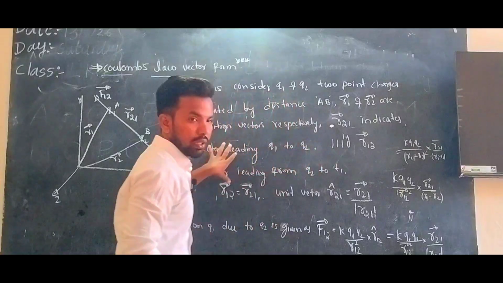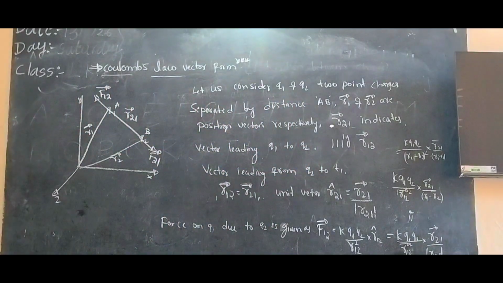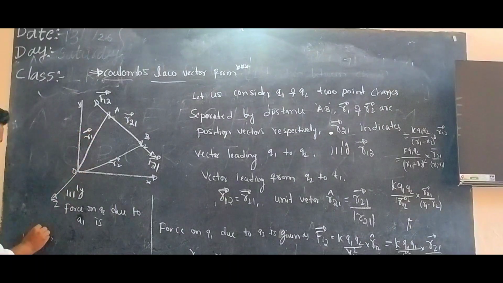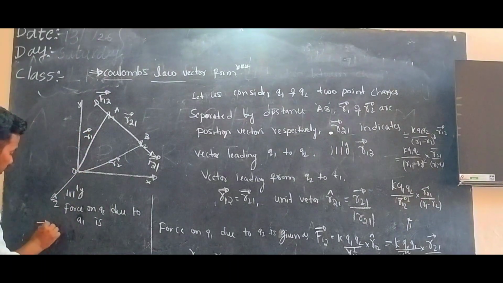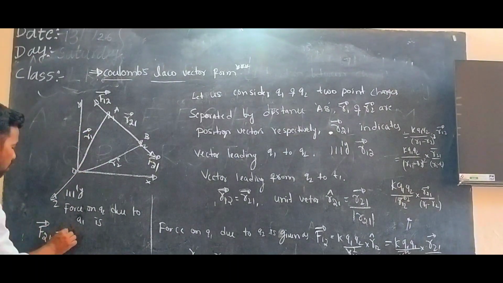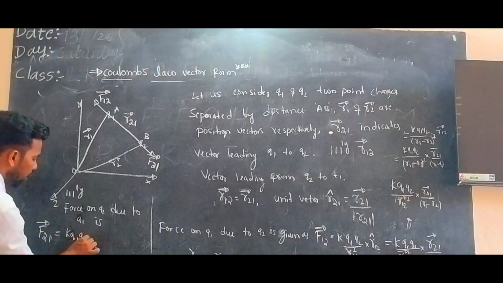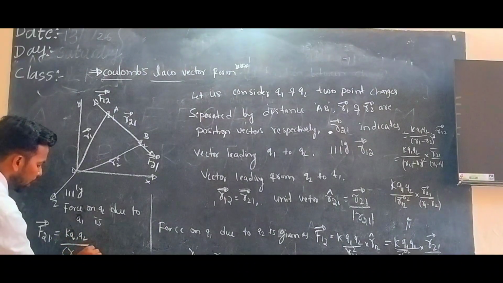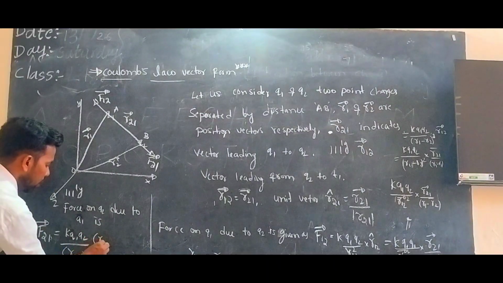This much. The last expression is F21 is equal to K Q1 into Q2 divided by R2 minus R1 whole cube into R2 minus R1.